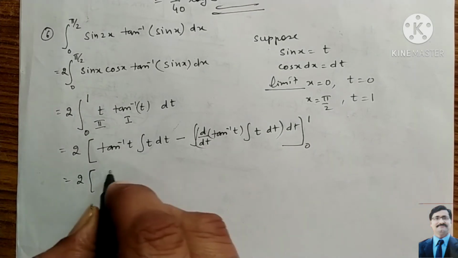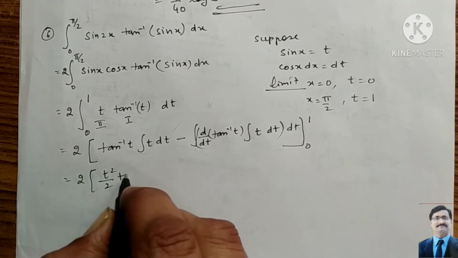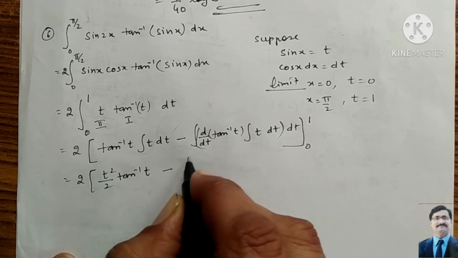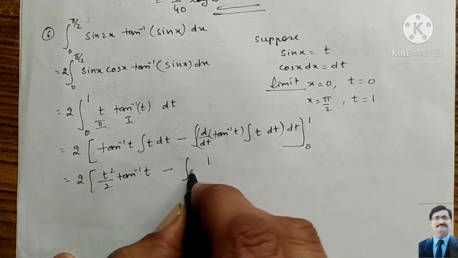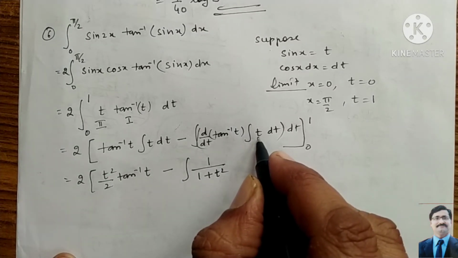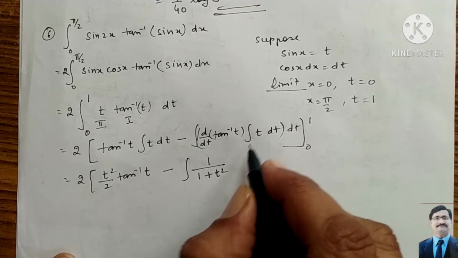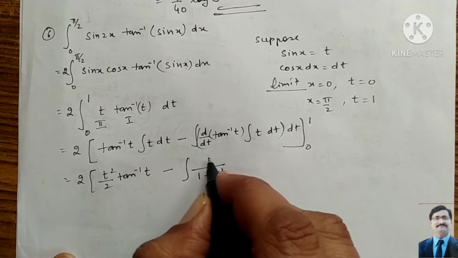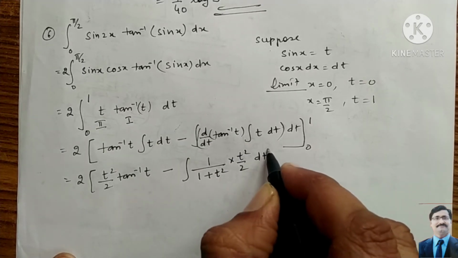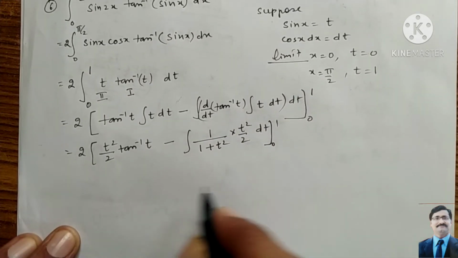Now integral of t is t square by 2 and tan inverse t we write as it is. The differential of tan inverse t is 1 upon 1 plus t square, and integral of t is t square by 2, so we write t square upon 2 and dt, from 0 to 1.